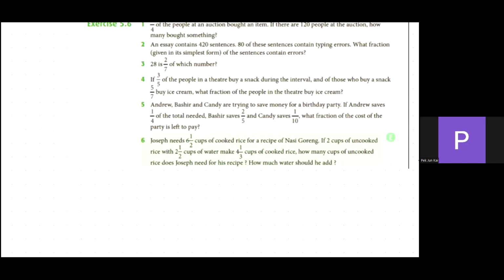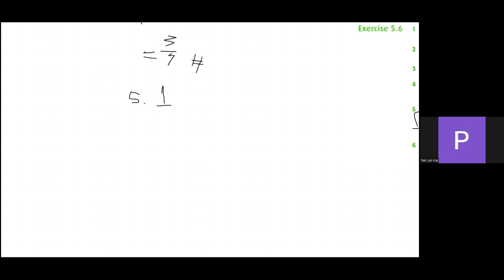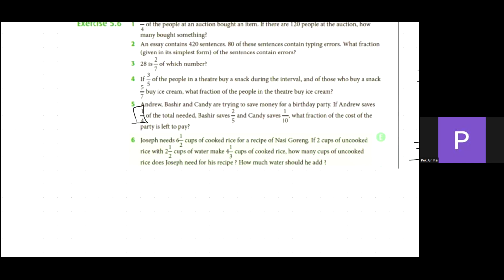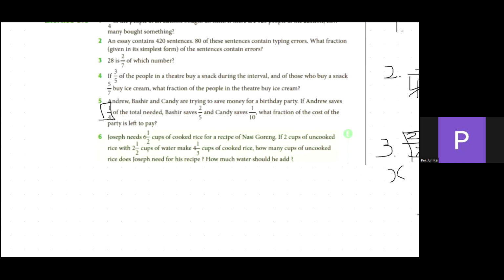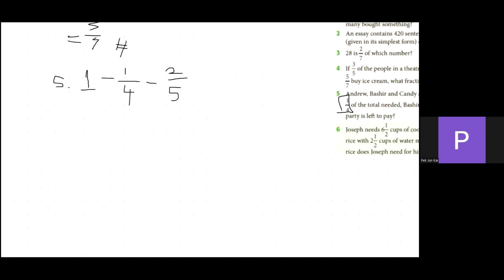So Andrew saved this much from the total, so we can minus that. Next, Basir saved 2/5, minus that. Next, Candy saves 1/10, so we will minus 1/10.